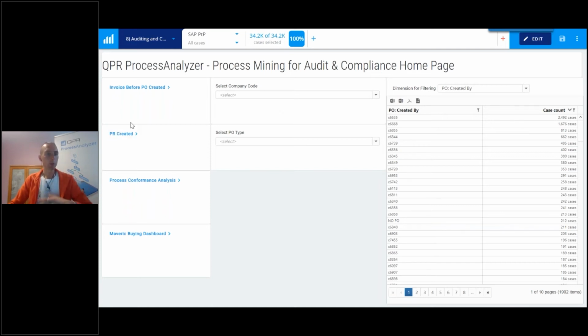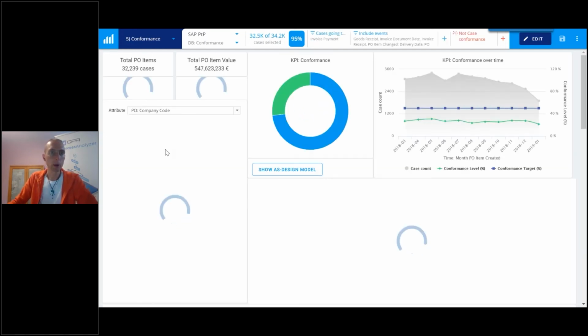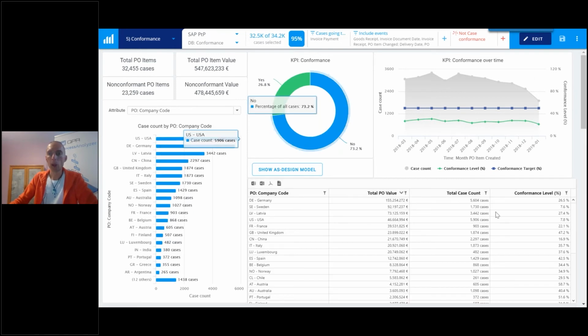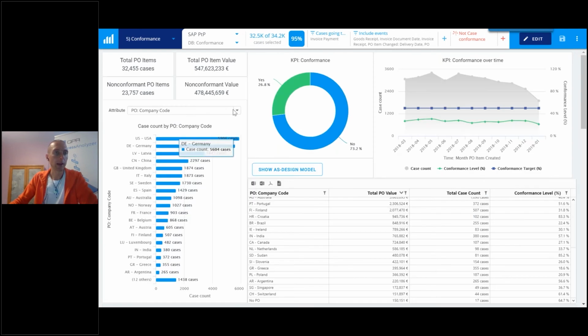The next level from this is to add a little bit more functionality, and let's now go to see this conformance analysis that we talked about in the beginning. So this is again integrated into the same application. So I can go over here, and now we see a bit more detailed conformance analysis view for the SAP P2P process.